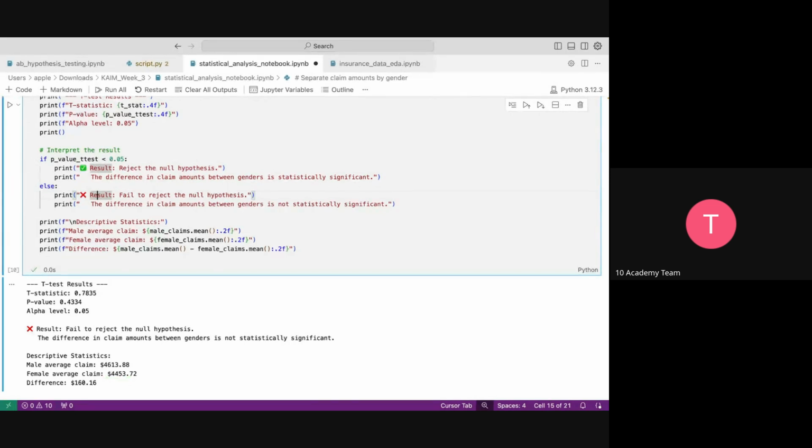The difference is only 160, so this is very low. So it makes sense that you fail to reject the null hypothesis. If the p-value is much greater than 0.05, you go with failing to reject the null hypothesis. I was going to say accept, but fail to reject. So is that clear?